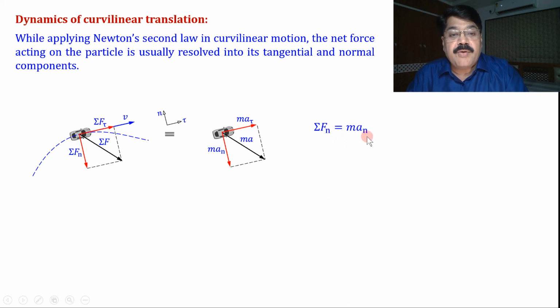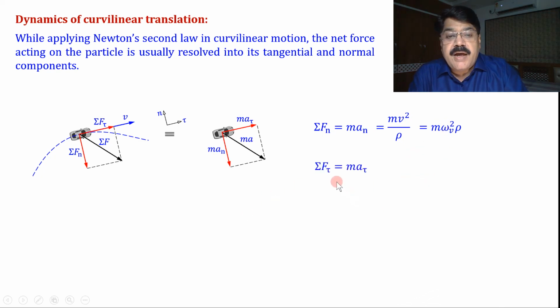Summation Fn is equal to m a_n, and a_n is v square by rho, or we can write omega square rho, where omega is the angular velocity and v the velocity. Similarly, the second equation: summation F tau is equal to m a_tau, that is m dv by dt or m v dv by ds.